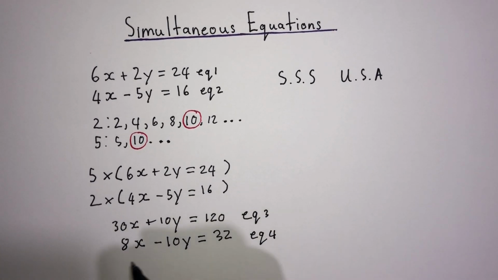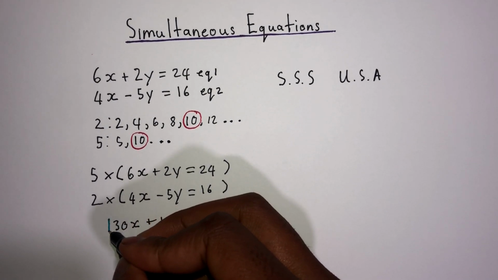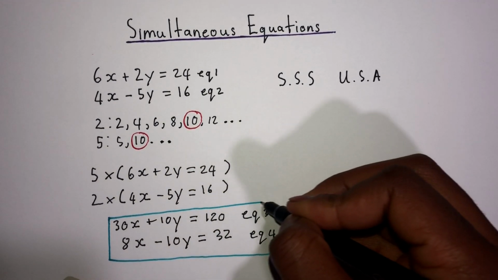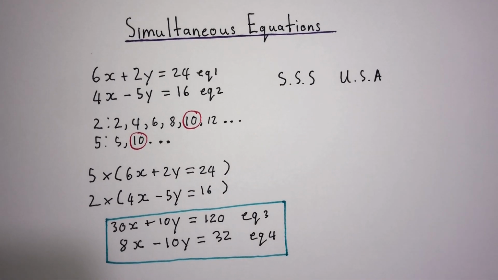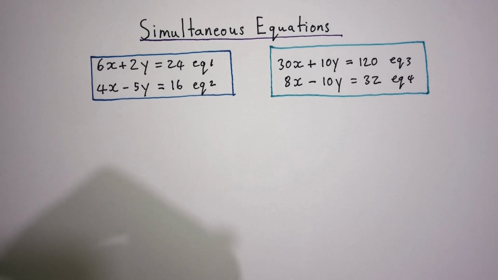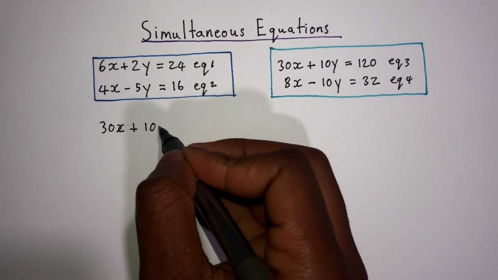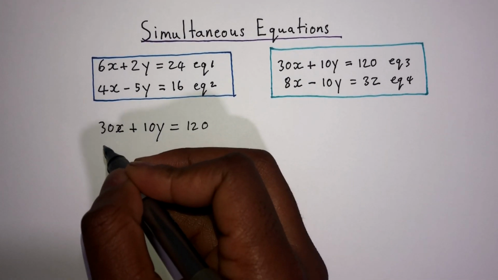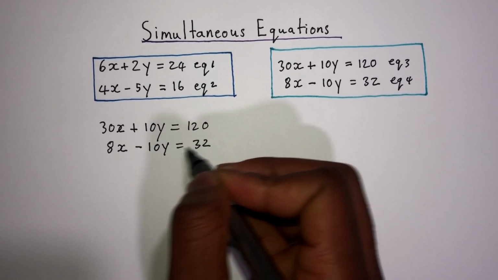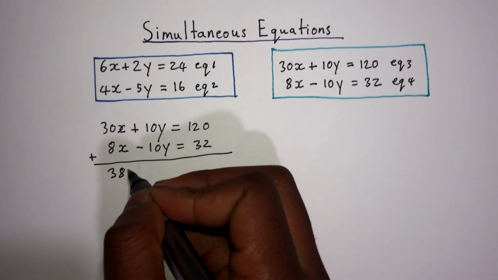Now we're going to add our equations. We're going to add equation 3 and equation 4, which is 30x plus 10y equals 120 and 8x minus 10y equals 32. 30x plus 8x is 38x.